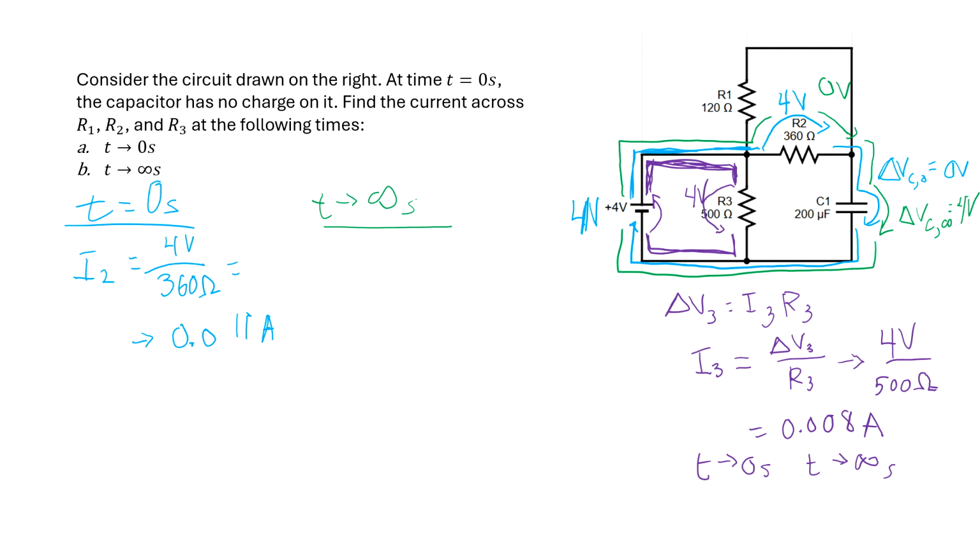Doesn't that make sense that a full bucket is not going to allow the charge to get through, and so therefore there won't be any voltage across the resistor, and therefore no current as well? I'll let you try and apply the same logic to the path with R1, but it should be fairly similar.